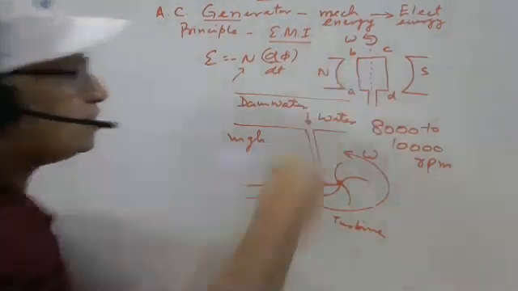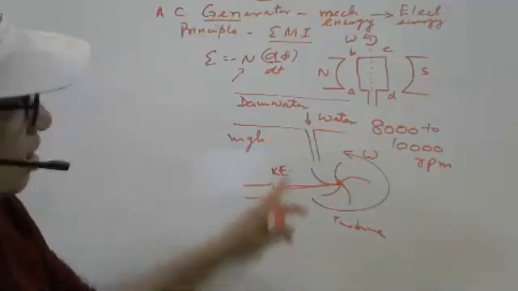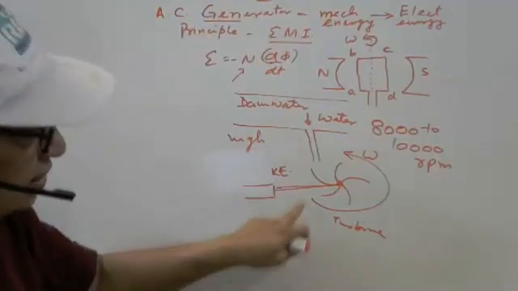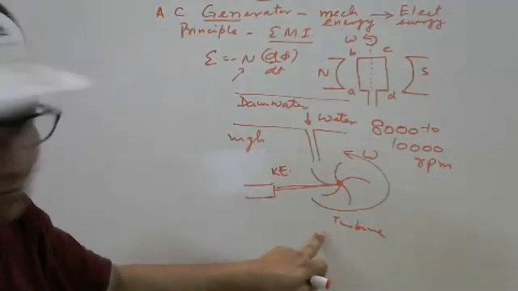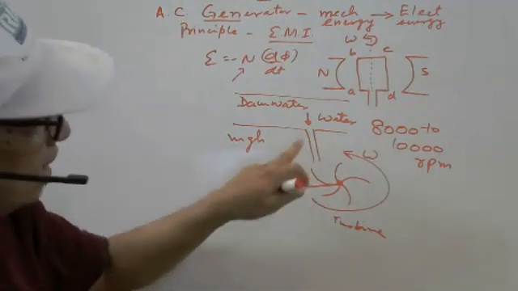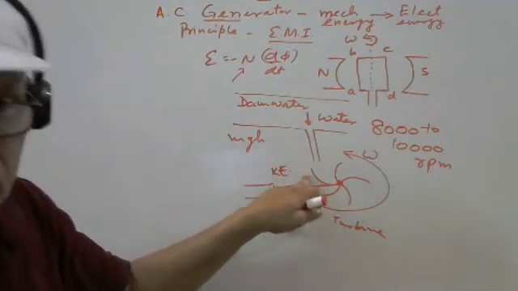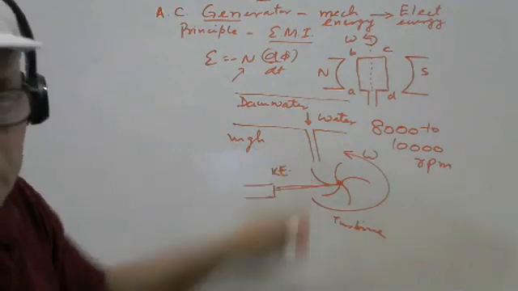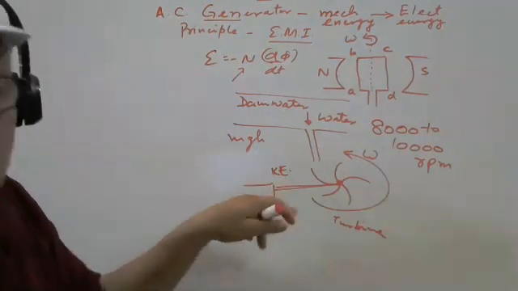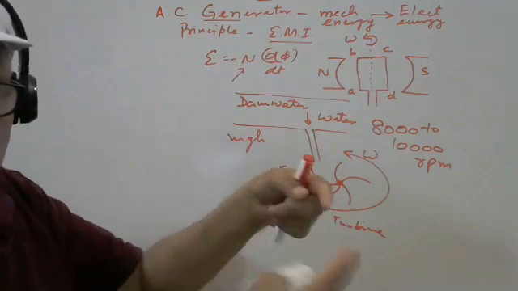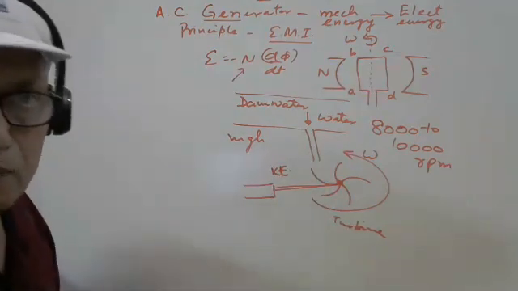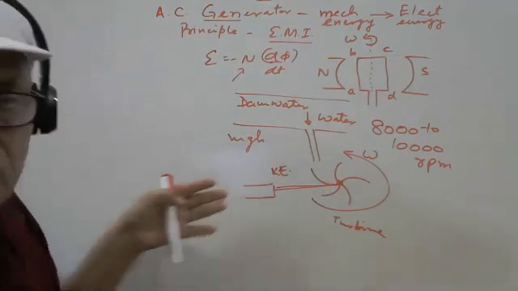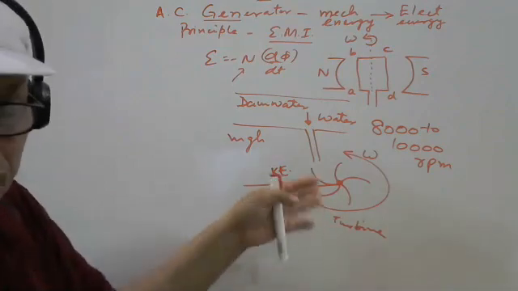In this discussion, the turbine is not shown, but the armature is rotated by the turbine, and the turbine can be rotated either by falling water, which is called hydroelectric power plants. If the turbine is rotated with steam, it is called thermal power plants. It can be rotated manually also, but not on a large scale.